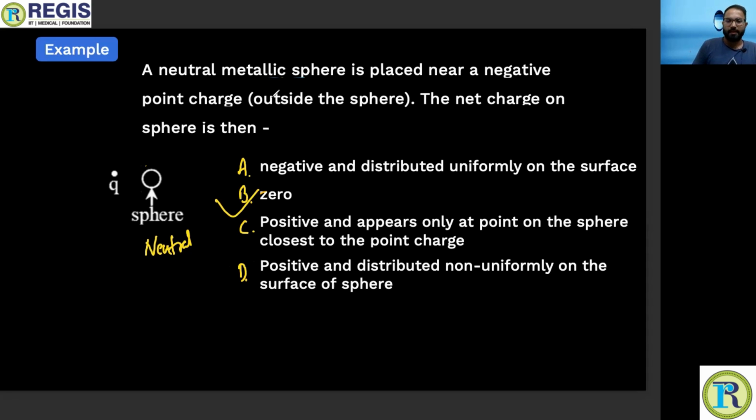Because of this negative charge, this side will be negative and the other side positive. But the total charge on the sphere will be 0.